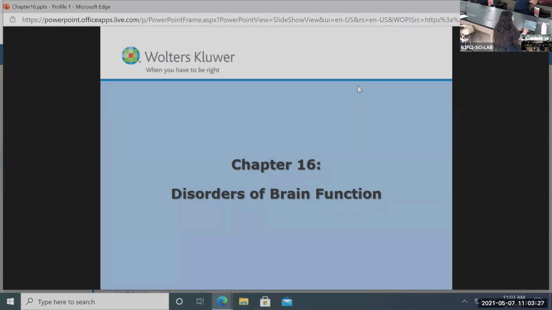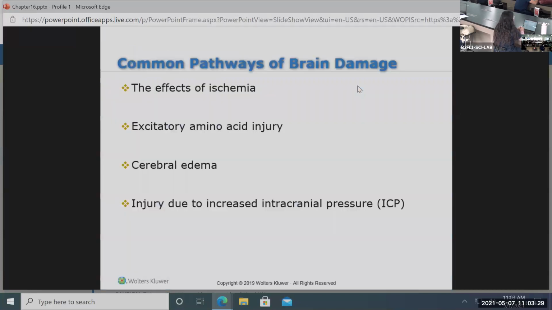Disorders of brain function. Now it says common pathways of brain damage: maybe the blood supply, the effect of ischemia.